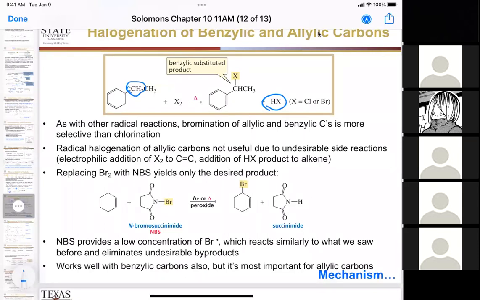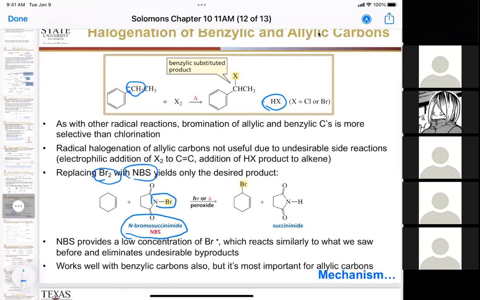When we do that, we replace the bromine by itself with N-bromosuccinimide. Look what we have here: it has a nitrogen-bromine bond. It turns out that's a pretty easy bond to break, and we're going to use that to our advantage.